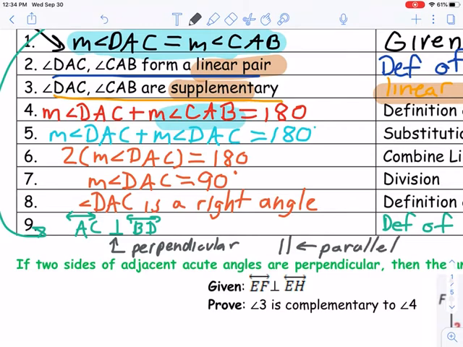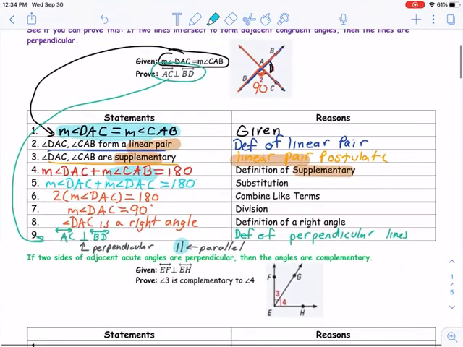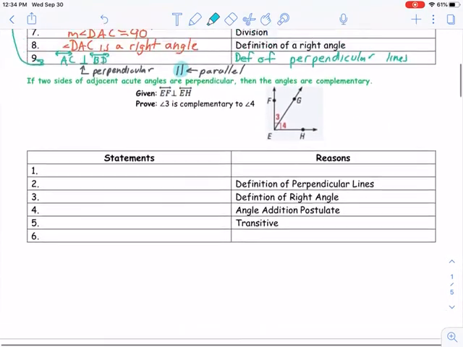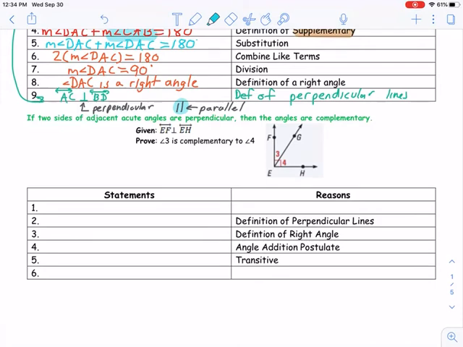So perpendicular is like an upside down T. Parallel is almost like a vertical equal sign. Neat.